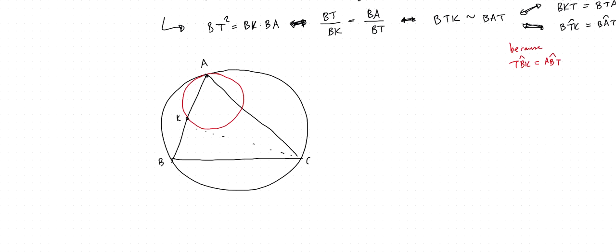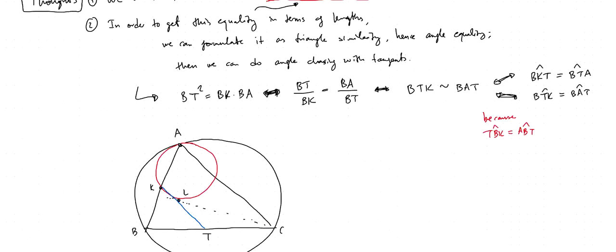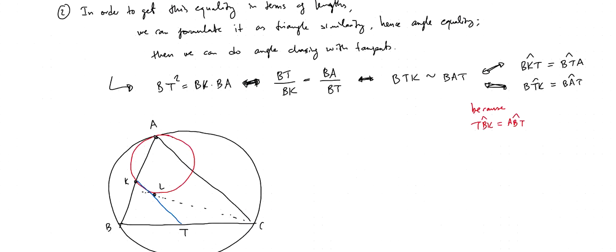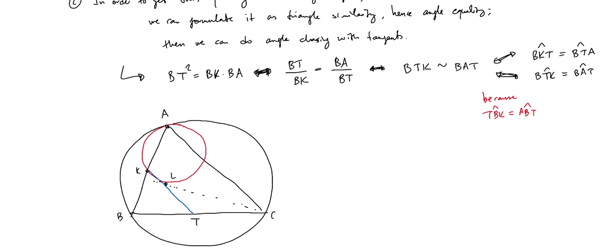So this is L. And this is T. One of the angle equalities is BKT, BTA. So let me show this one with green. So this angle with this green, this will definitely be drawn at the end.